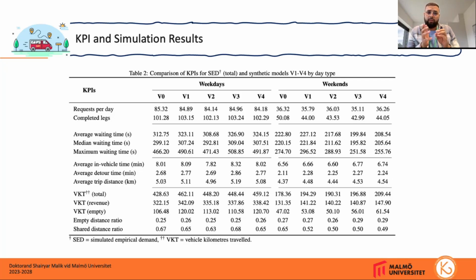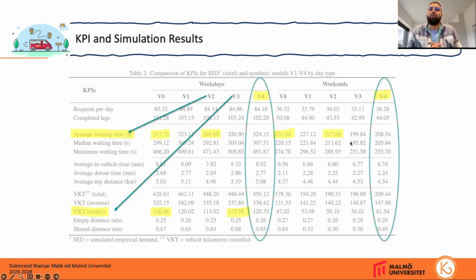So we include passenger-level metrics like waiting time and in-vehicle time, as well as system metrics like vehicle kilometers, total, revenue, or empty kilometers, detour distances, and shared ratio. Don't worry about the details here. On the next slide, I'll highlight the main patterns, the results that we have found for our models.